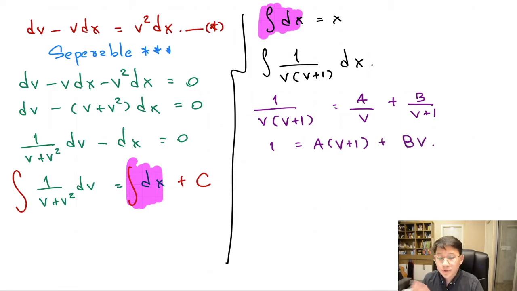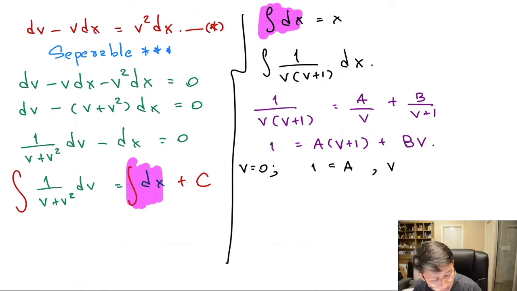If you substitute v with 0, you get 1 equals a, so a is 1. If you substitute v with minus 1, you get 1 equals minus b, so b is minus 1.